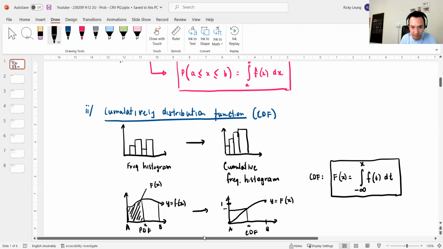This would be the capital F(x) on my diagram, or maybe I'll use t, which is better because I already used x. So that's the relationship between the PDF and the CDF, where one is the integral of the other, from negative infinity, or the lowest value, to whatever x value you want to go to.